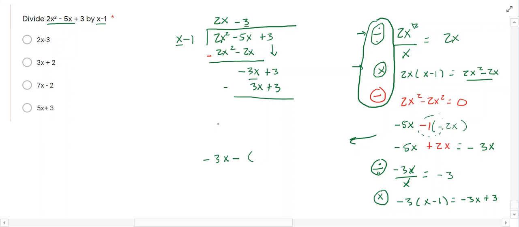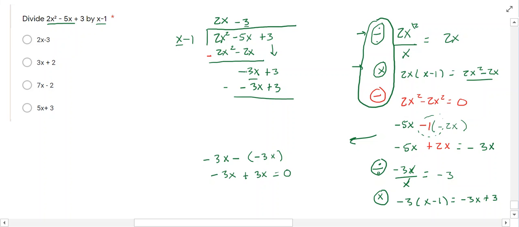So this again is a double negative, so this becomes minus 3x plus 3x, and that's equal to 0.